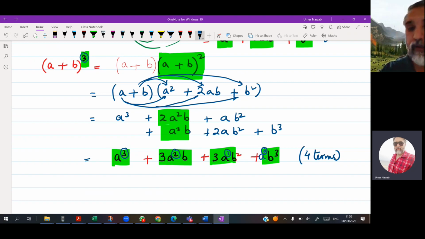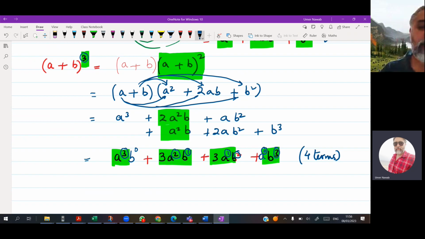And for the second number in the bracket, which was b, the power increased from 0 till 3 with a step of 1. So its power is increased each time by 1.